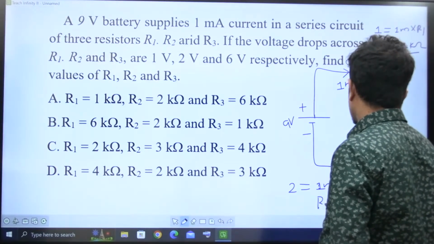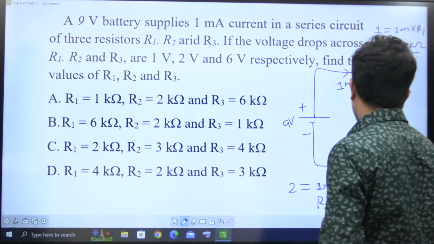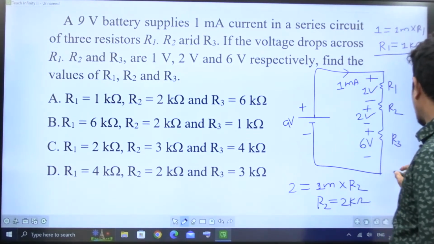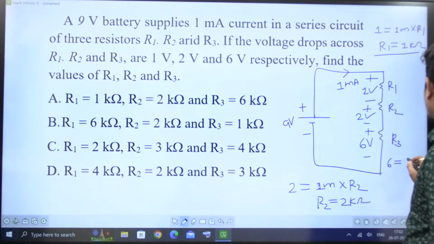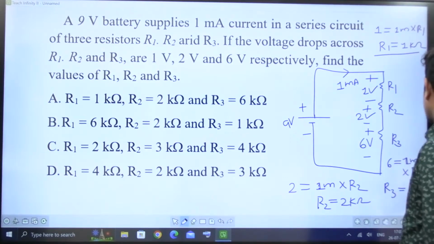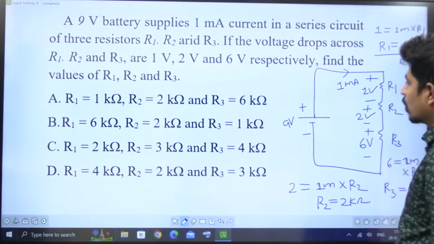So from this, R2 is equal to 2 by 1 milli, that is 2 kilo ohms. Next, R3. So 6 is equal to 1 milli into R3. So R3 is equal to 6 by 1 milli, that is 6 kilo ohm.